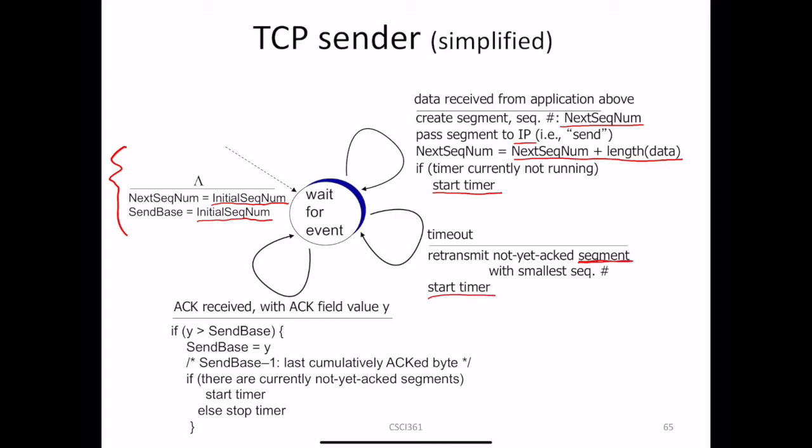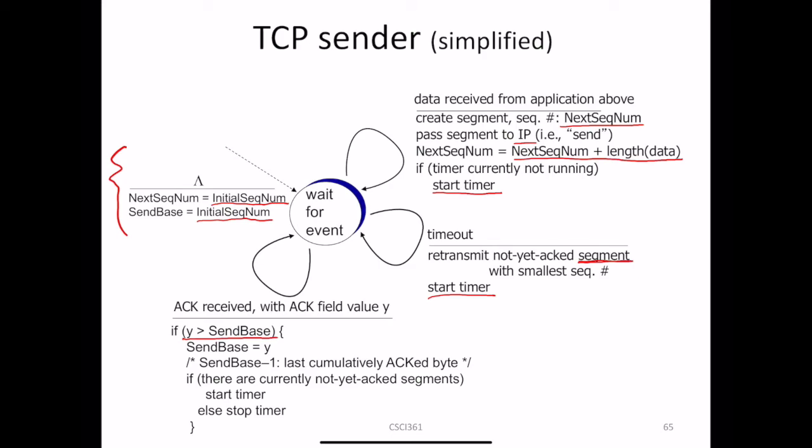When the ACK is received with ACK field value Y, we check whether Y is greater than the send base. If this condition is true, that means this Y is in the window.